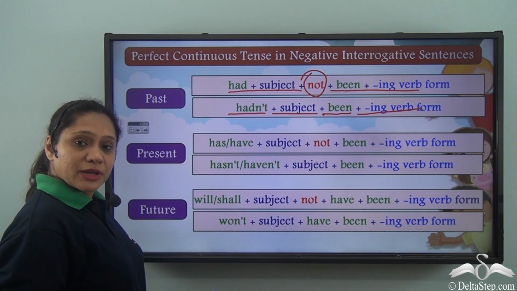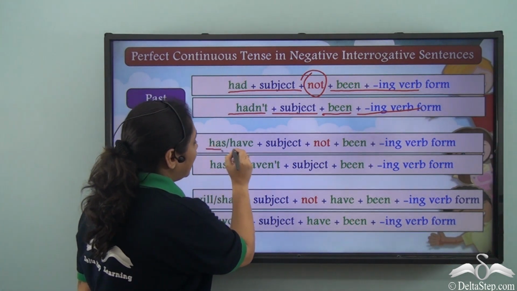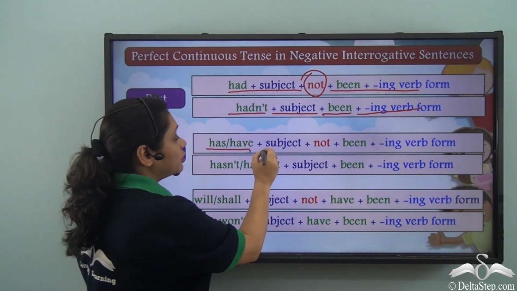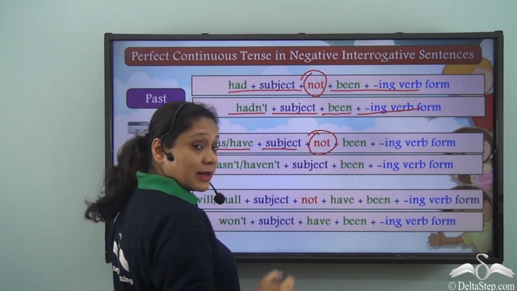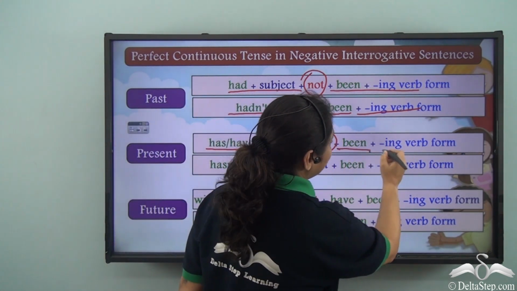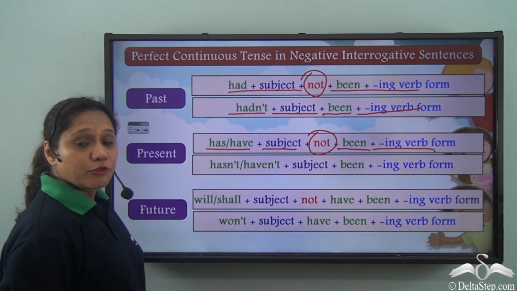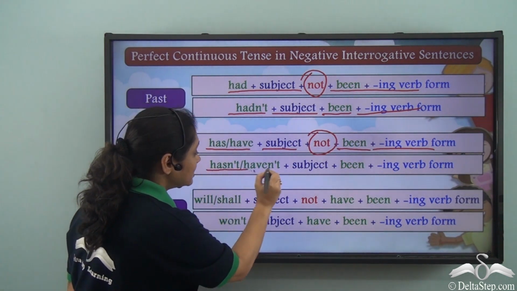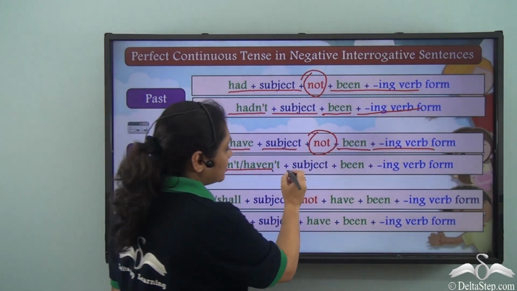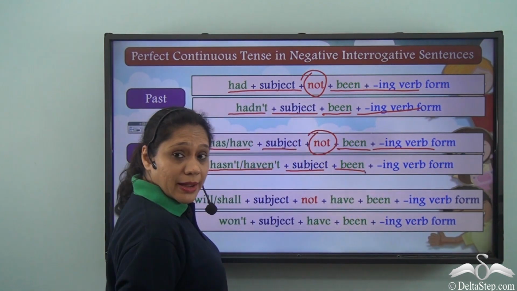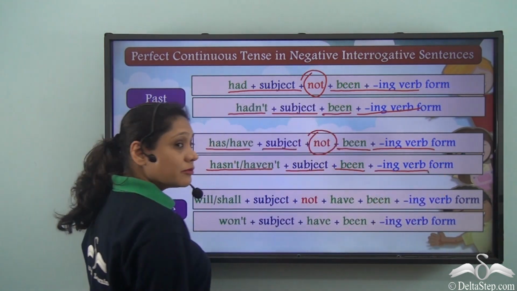In the present perfect continuous tense, we can write has or have followed by the subject, then the negative word, followed by been and then the ing verb form. Or we can write hasn't or haven't followed by the subject, followed by been and then the ing verb form.